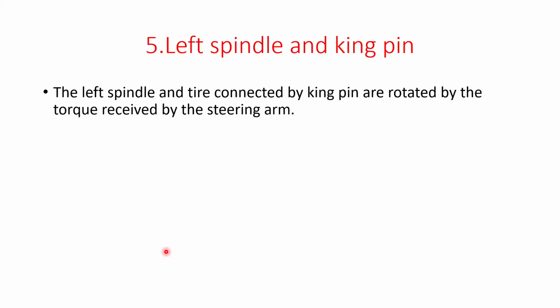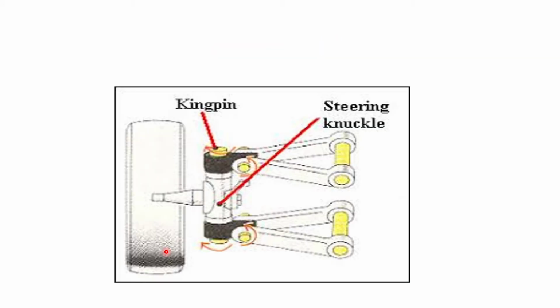Okay. Left spindle and kingpin. This is the vehicle's wheel, and this is one of the spindles here. This kingpin is used to connect the steering knuckle and spindle.